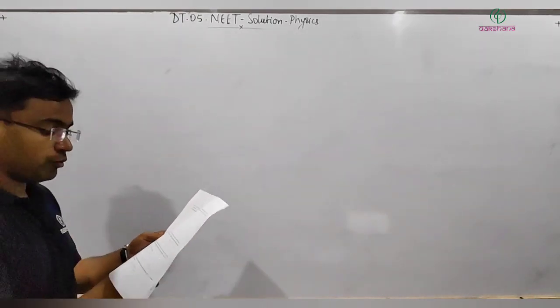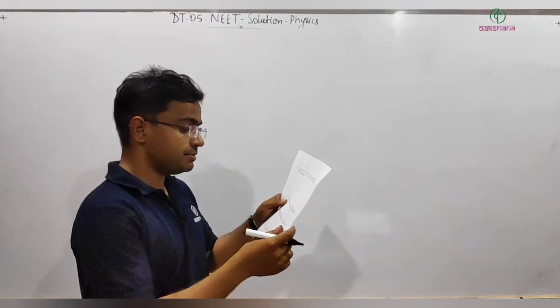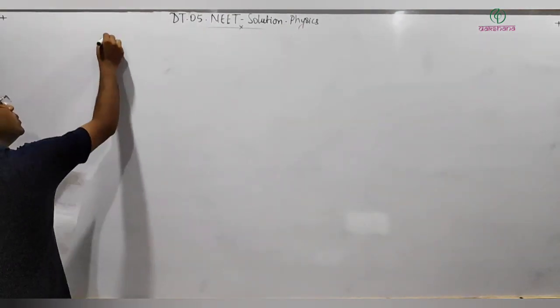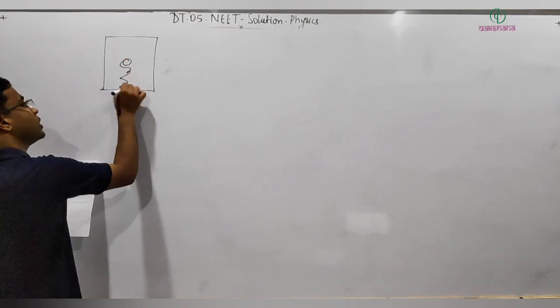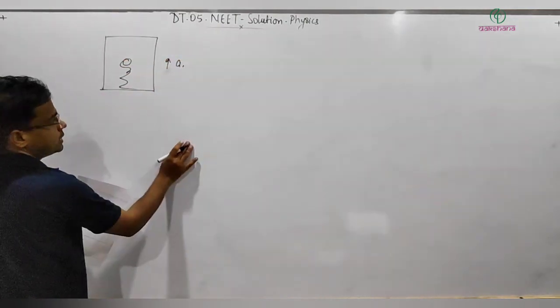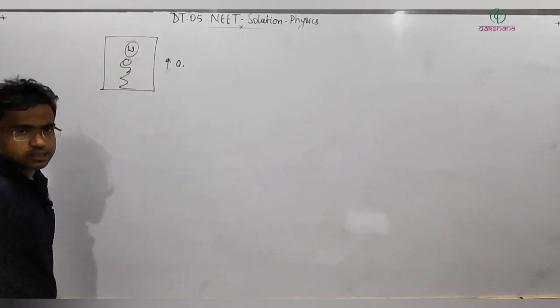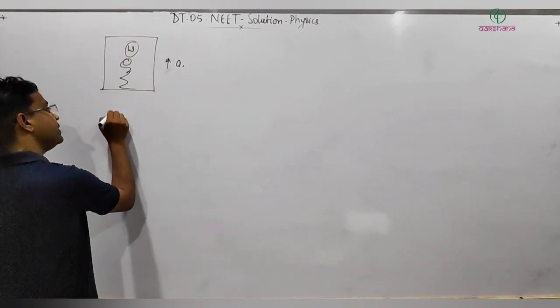The apparent weight of a person inside a lift is W1 when the lift moves up with certain acceleration. So person, and it's moving, let's say, with the acceleration up a, then let's say actual weight of the person is W. Then I will write apparent weight is equal to what?